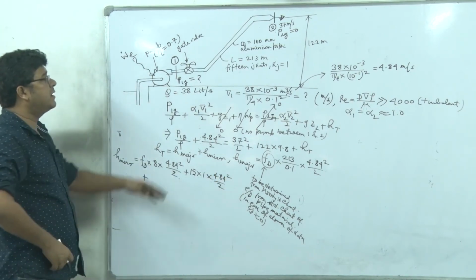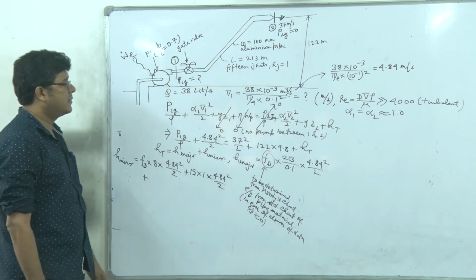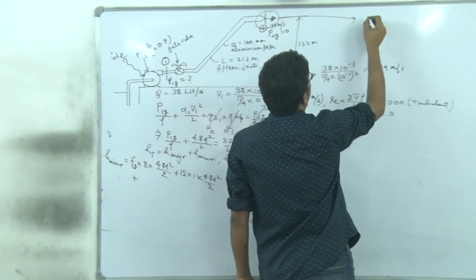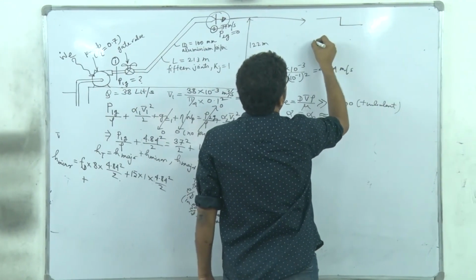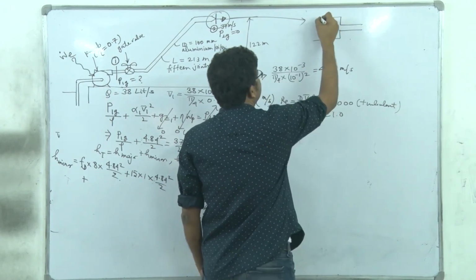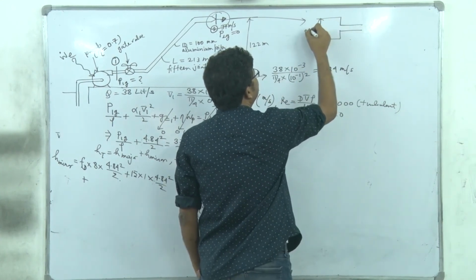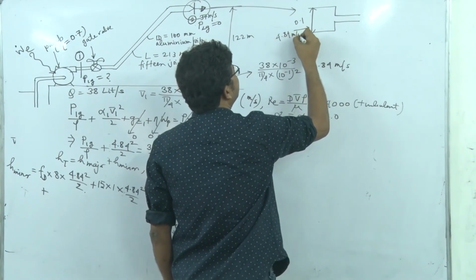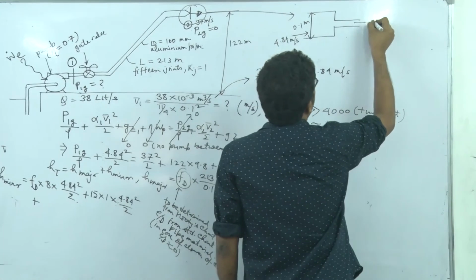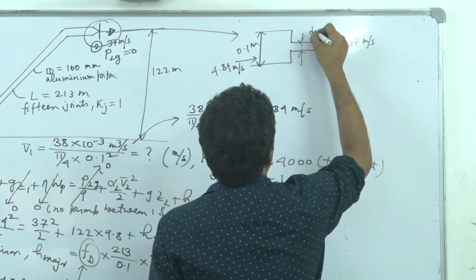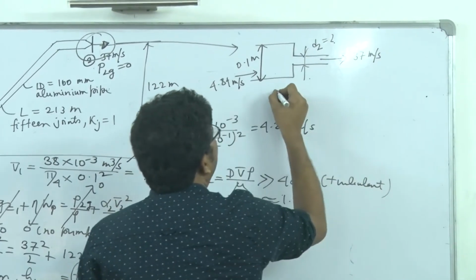Now no specification is given regarding the nozzle. So we consider this nozzle as a sudden contraction, right? Here the diameter is 0.1 and the velocity is 4.84 meter per second. Here the velocity is 37 meter per second, but the diameter is unknown. So what will be the diameter?